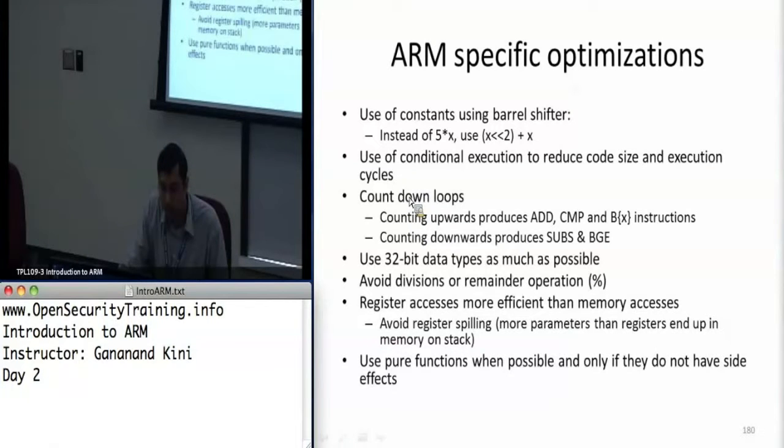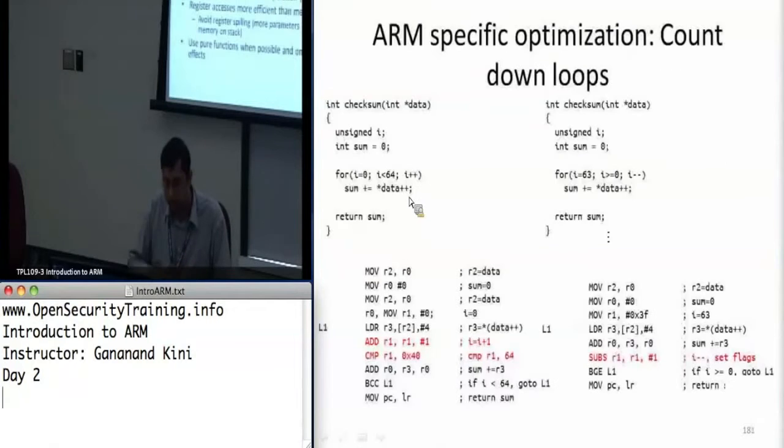And then there's also use of pure functions, which don't have any side effects. Whatever value you pass in is the only value needed for the function to do its work. It doesn't rely on any outside global resources. That's what I meant by side effects.